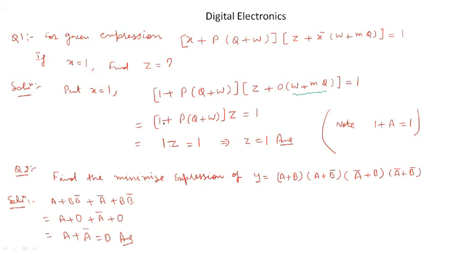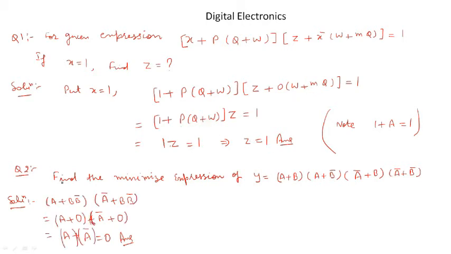So your output will be like 1 plus pq plus w into z is equal to 1, it is given. So here it is like 1 plus a form. You know that 1 plus a is equal to 1, so it will be 1 into z is equal to 1, so you can see that z is equal to 1.